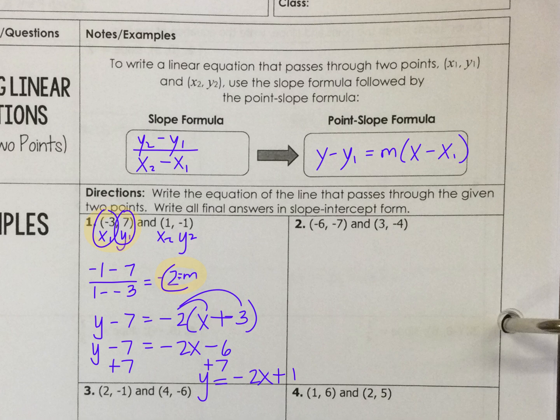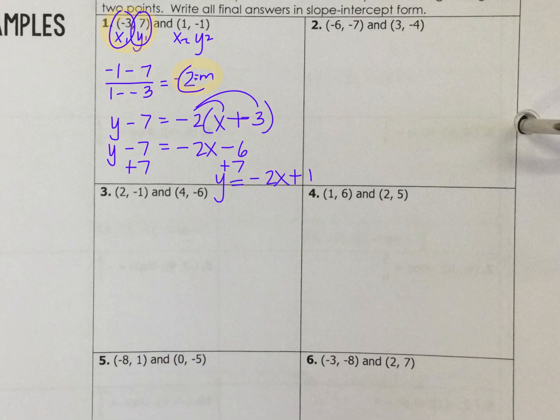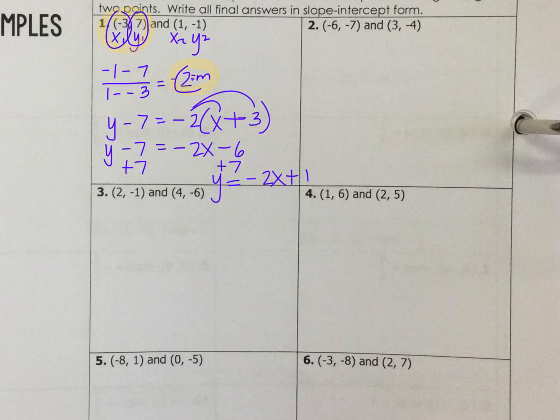We're going to do one more practice together. x1, y1, x2, y2: negative 6 minus negative 1 over 4 minus 2. That'd be negative 5 over 2.